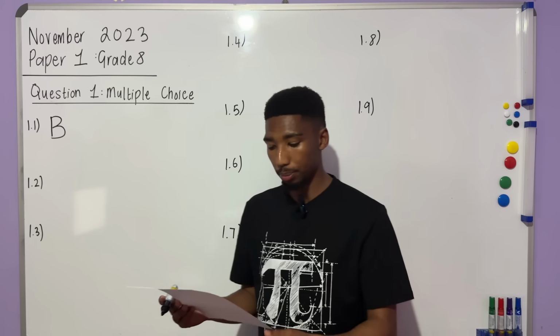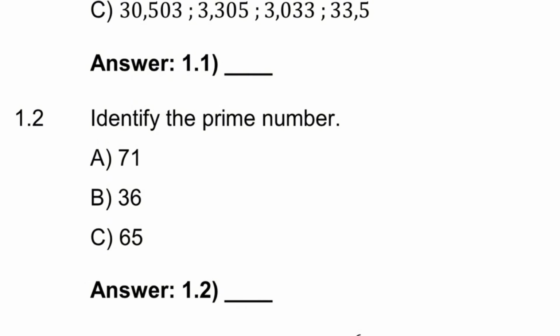Question 1.2. It reads, identify the prime number. A prime number is one that cannot be divided by any other number besides itself and 1. For example, let us start at C. 65 can be divided by 5. You will get an answer. 36 can be divided by 2.